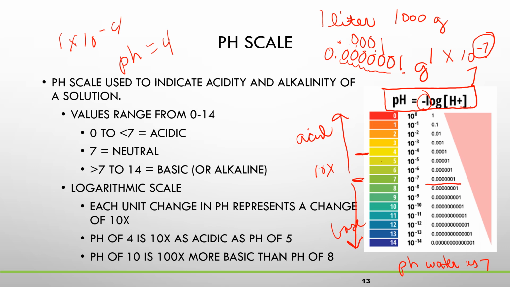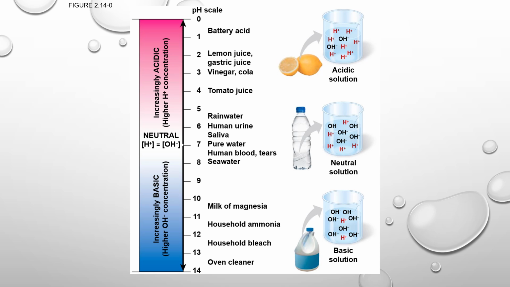As you go above 7, you're getting more basic. So a pH of 14 is more basic than a pH of 13 and less acidic. And this just gives you some examples of substances you might be familiar with. Pure water is a pH of 7, and that's where the number of H's and the number of OH's is equal.